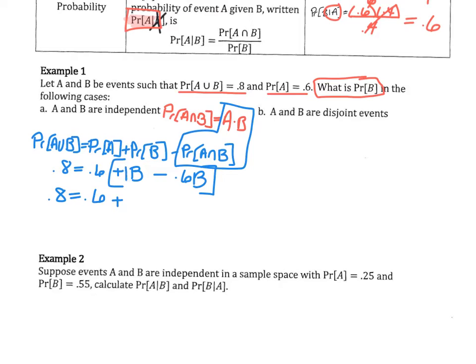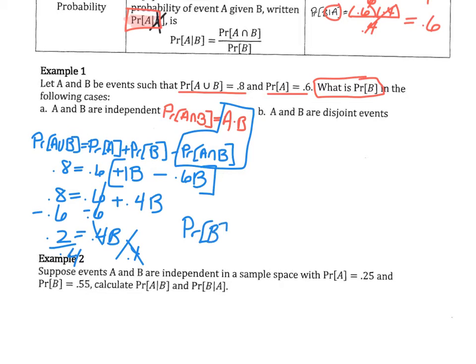This would be 1 minus 0.6. Then solving from there, I subtract to get my variable alone, and divide. Cancel, cancel. The probability of B is 0.5.